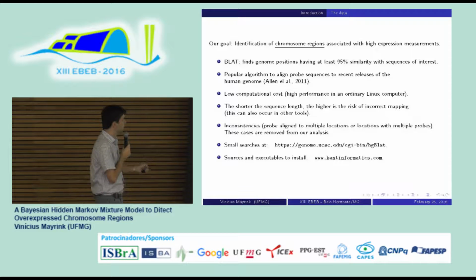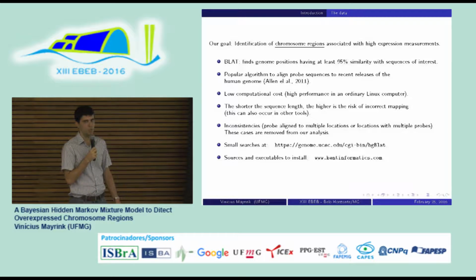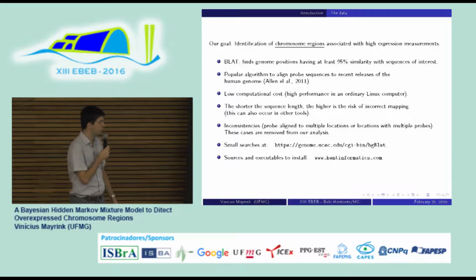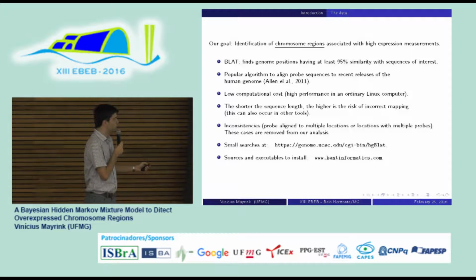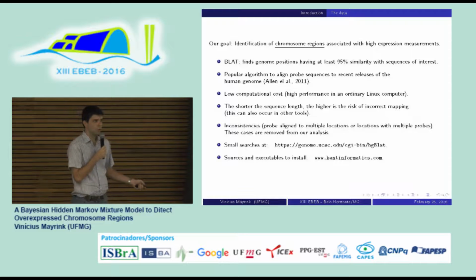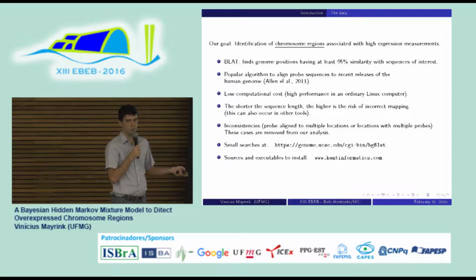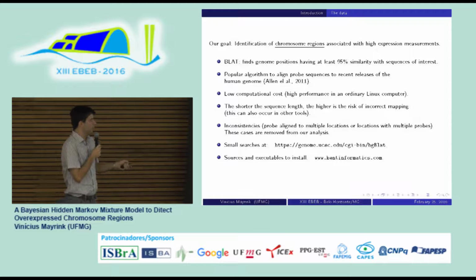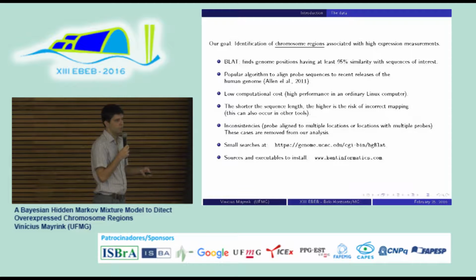Well, we use an alignment tool called BLAT, which finds genome positions with at least 95% similarity in the human genome. BLAT is a popular algorithm being used to find those sequences in recent releases of the human genome. It has a low computational cost, but also has some problems, which is not particular of BLAT.